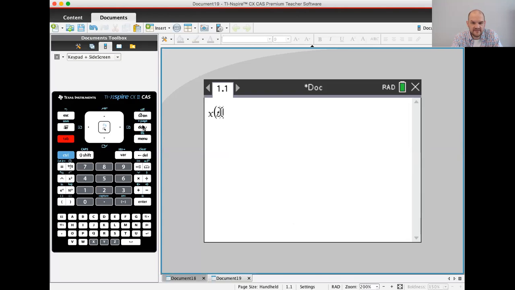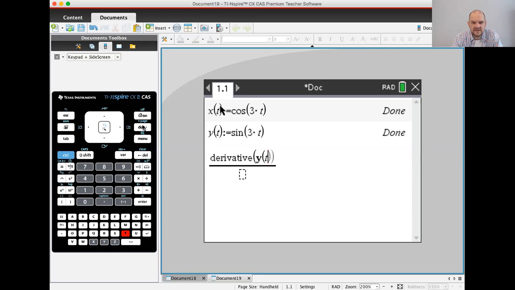So x of t is cosine of 3t, and y of t is sine of 3t. So I want the derivative of y of t with respect to t over the derivative of x of t.